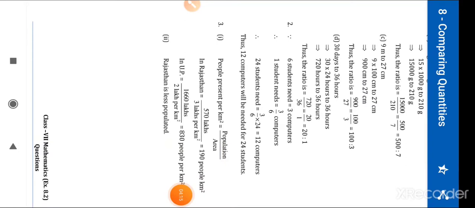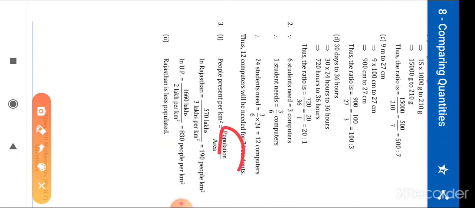So first we are going to find the people present per kilometer square. For this we divide the population of that particular state by its area. So in Rajasthan the population is 570 lakh and the area of Rajasthan is 3 lakh kilometer square.